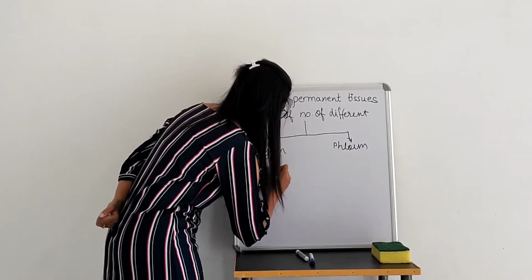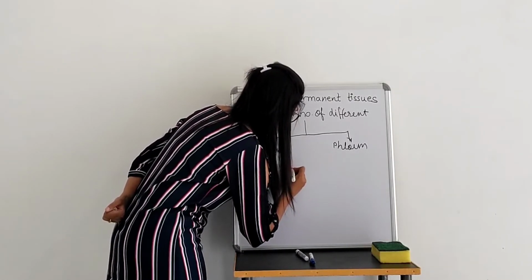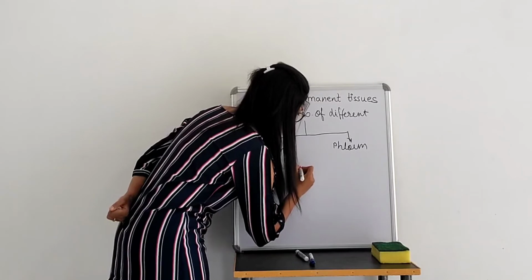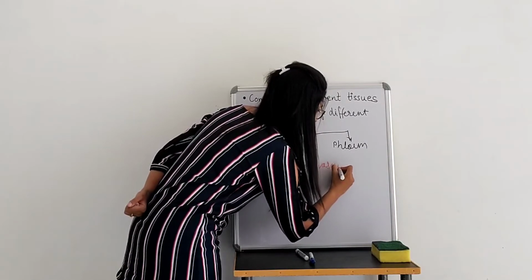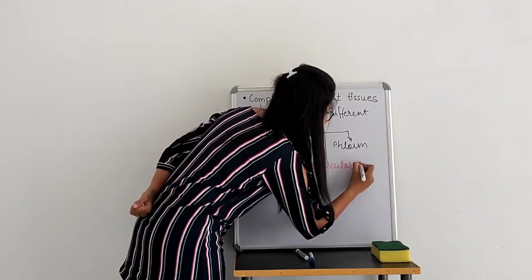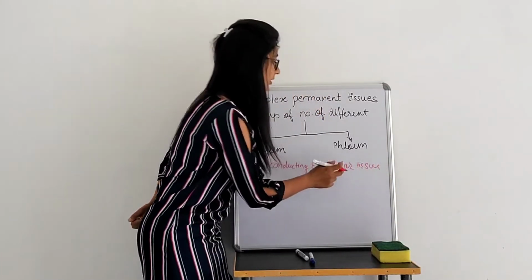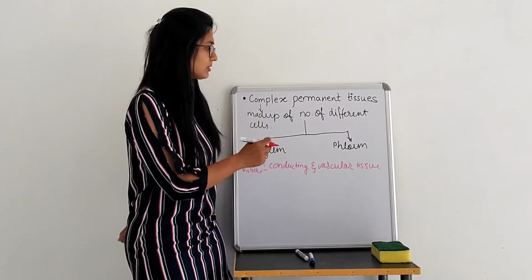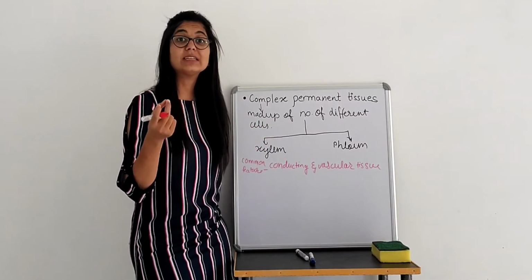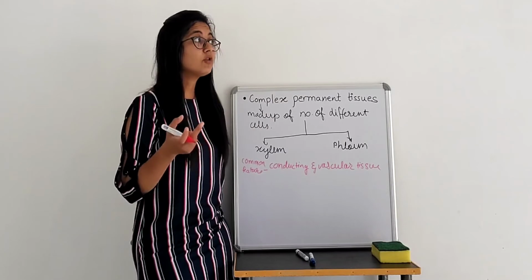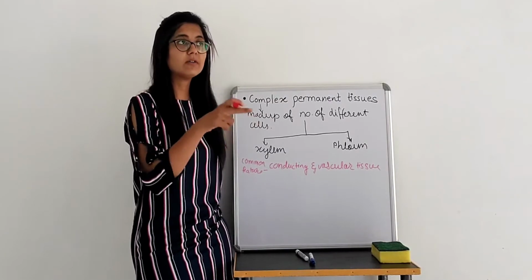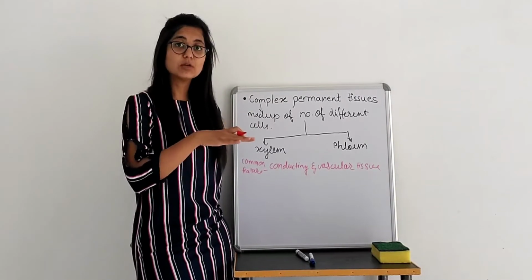So both of them are conducting and vascular tissue. Now this vascular tissue is very important because it is one of the most distinctive complex tissues present in plants. We also say that plants usually have a terrestrial adaptation, that is they grow on land.